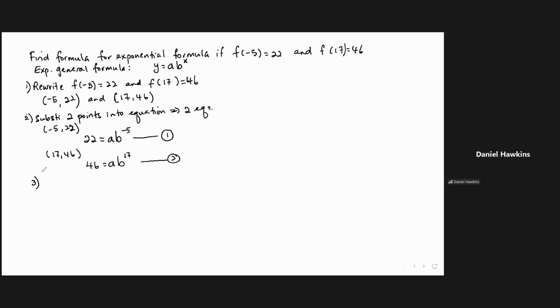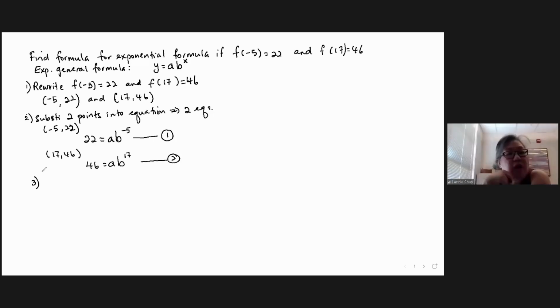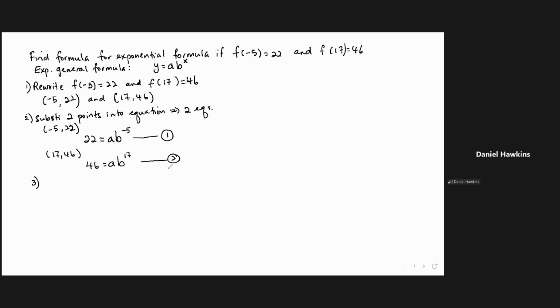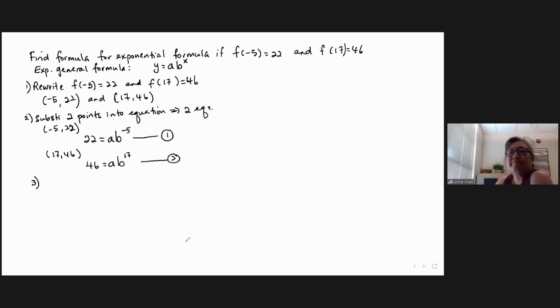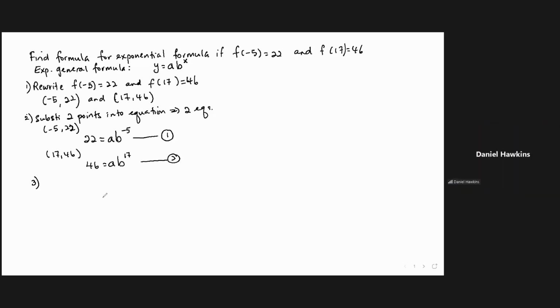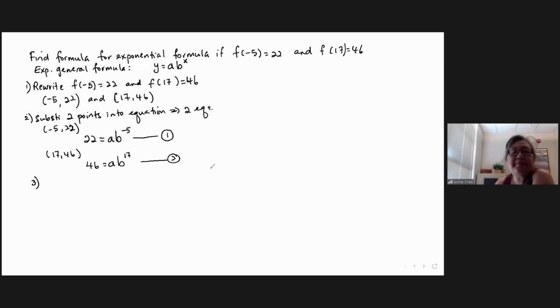So it'd be 1/5. I don't have to do that. Don't worry about that. It's going to go away. Well, normally you take the negative fifth root of both sides to get rid of the exponent. No, no, no. It's simpler than that.